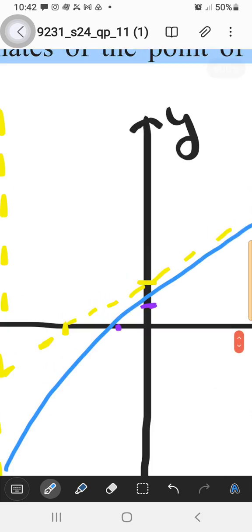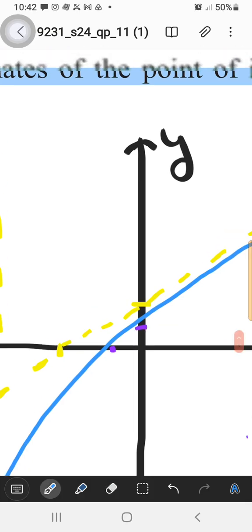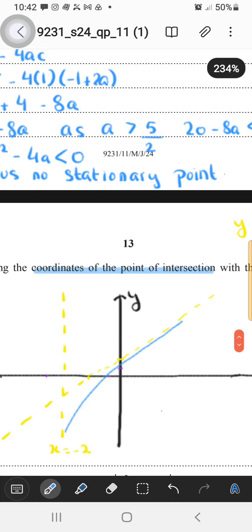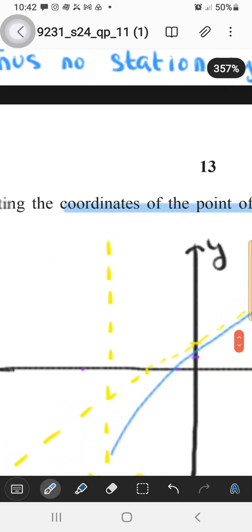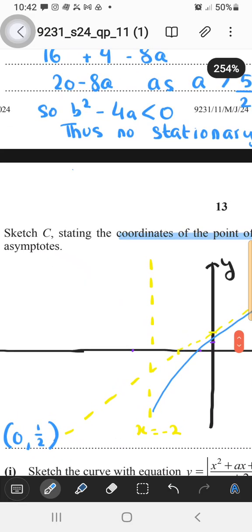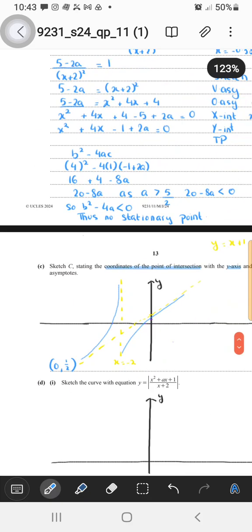Let me remove these points, as these points are not compulsory, it's a sketch, it's not perfect plotting of the graph, so these minor differences are acceptable. So here it will be like this. This will be our sketch. There are no turning points.